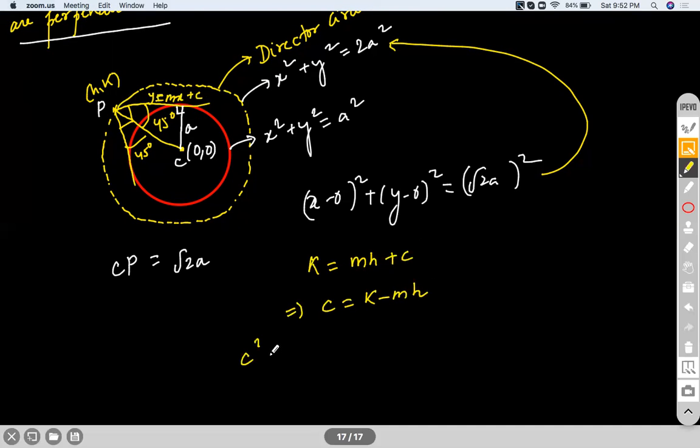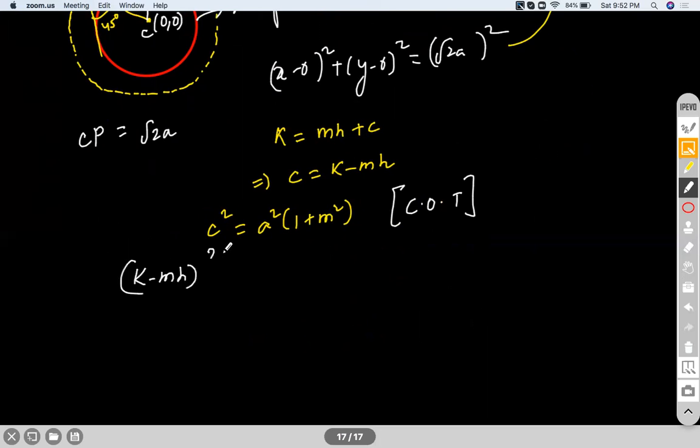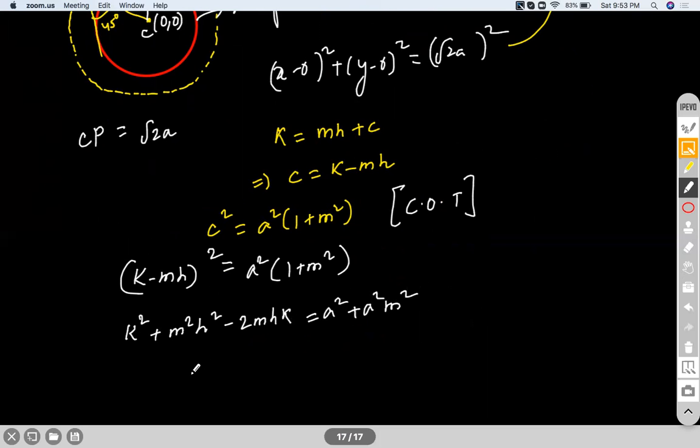So c square will be a square times 1 plus m square if this line has to be a tangent, because this is your condition of tangency. Correct? That means k minus mh whole square is equal to a square times 1 plus m square. So this will give you k square plus m square h square minus 2mkh is equal to a square plus a square m square.